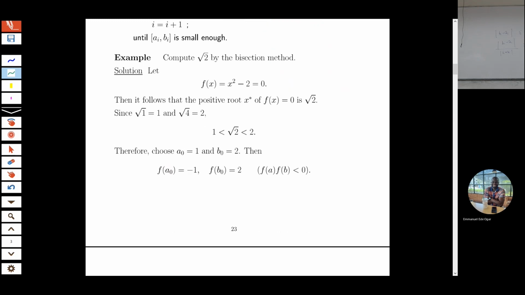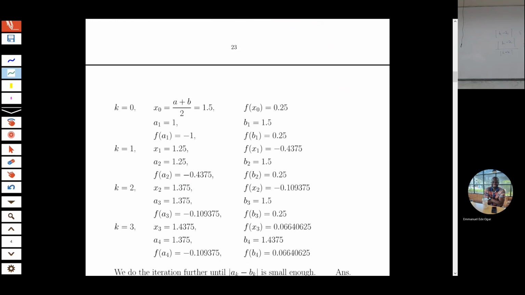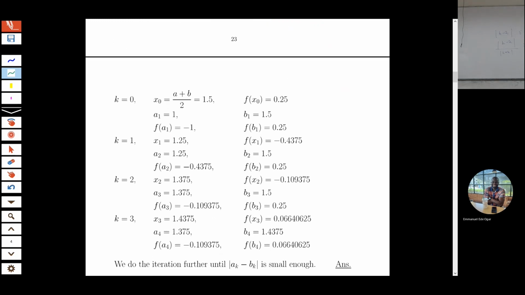And this is the result. In the first iteration, the midpoint is 1.5. Once we have the midpoint x0, we compute f(x0). Then we see the sign of this, and we know that f(x0) is positive.